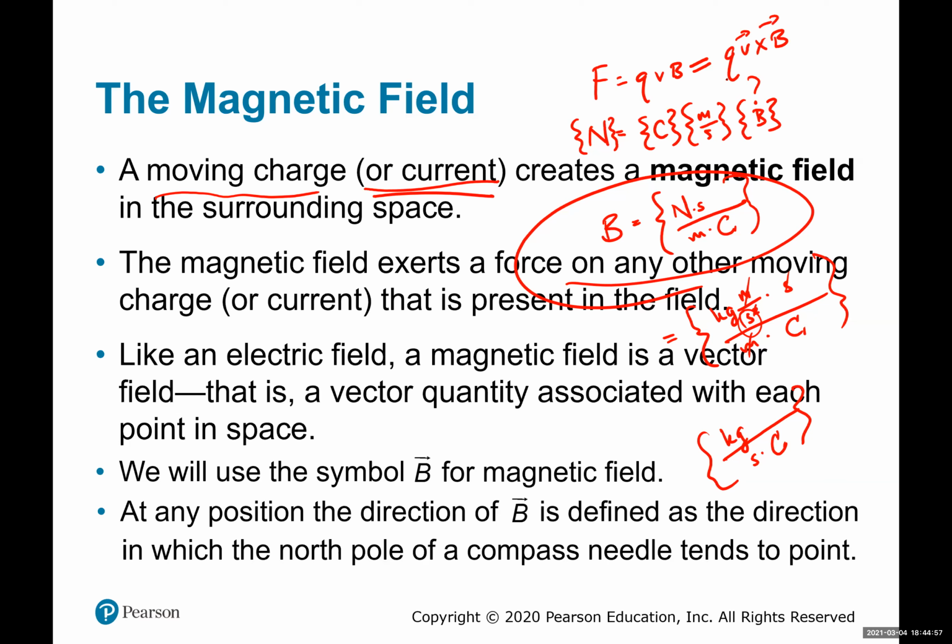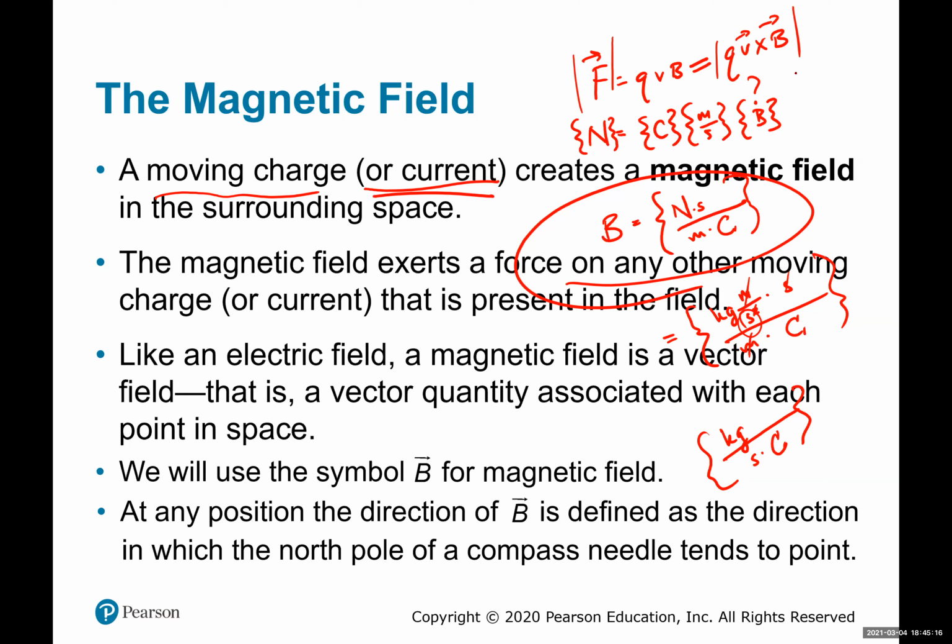And we expressed the force so that things are consistent. We express the vector force exerted on a moving charge by a magnetic field as the cross product of the charge's velocity with the field.